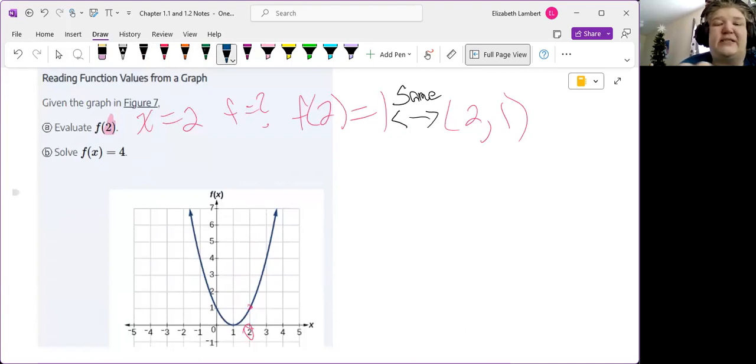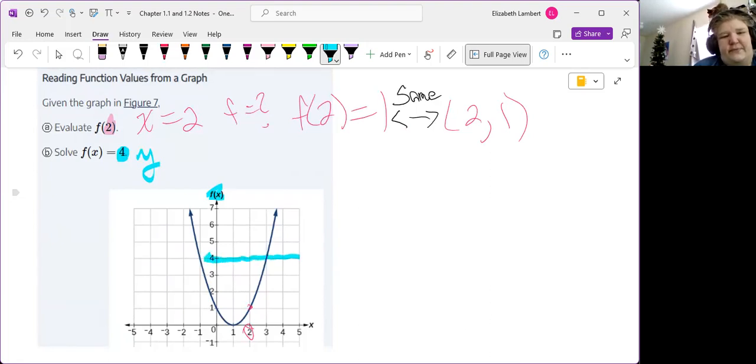Now our f of x equals 4. This 4 is a function value. So that's a y value. So when I look at my function axis, it's actually labeled f of x here. f of x equals 4 is here. So I look like so, and I can see there's 2 points.